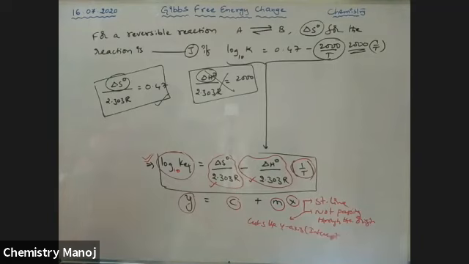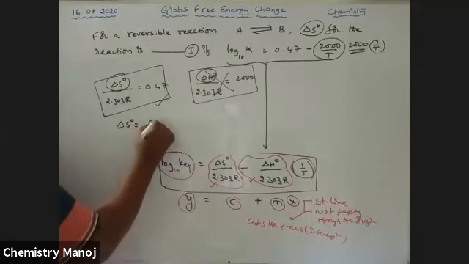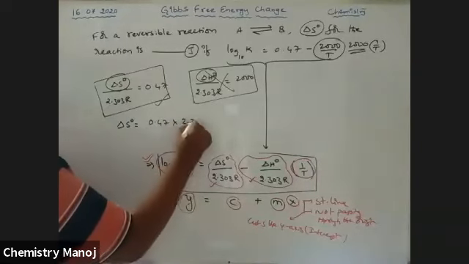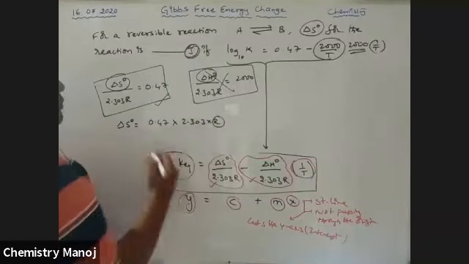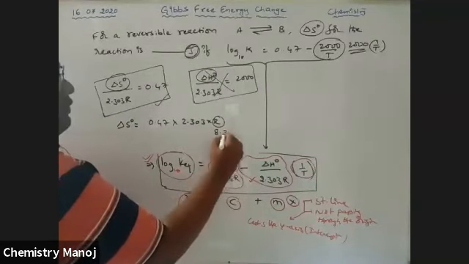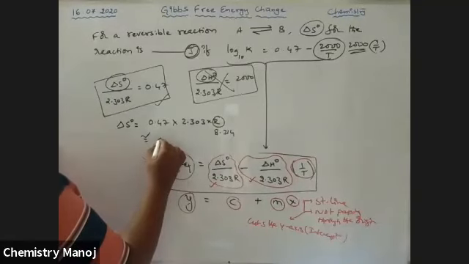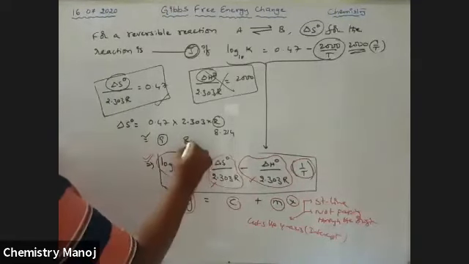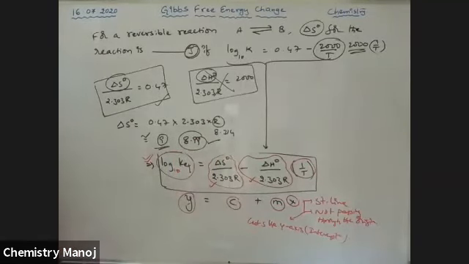Apply the formula. Therefore, delta S naught is equal to 0.47 into 2.303 into R. R value in joules is 8.314, so roughly the answer is 9, about 8.99.